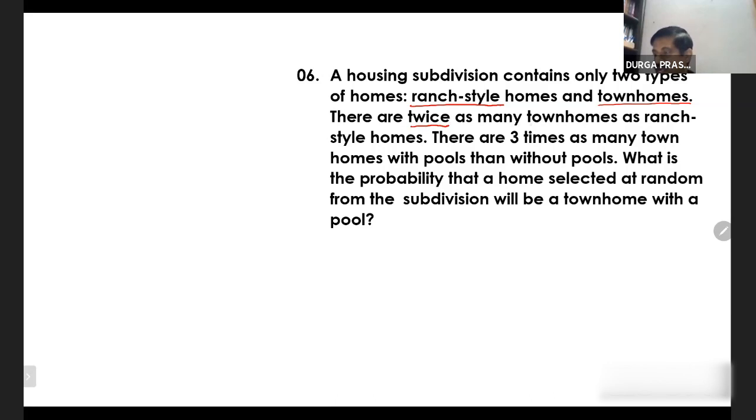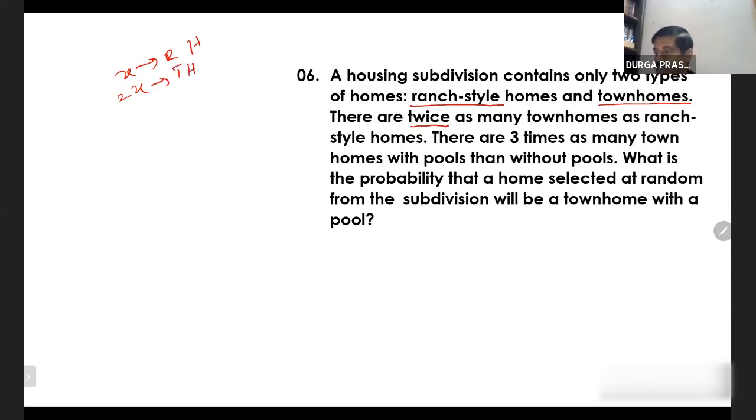There are twice as many townhomes as ranch style homes. This is very important. Means if I call ranch style homes X, the number of townhomes is 2X, like that. This is ranch home, this is townhome, like that.